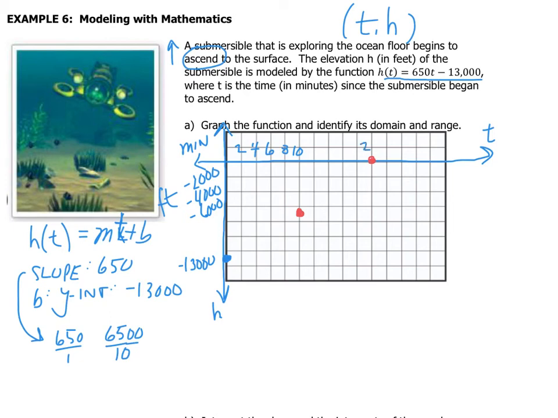Because remember, those would be going by twos, so I would make it to 20. And that would help me understand where we would have gotten back to the water level. So it's not a perfect graph, but that's about what you're trying to do.